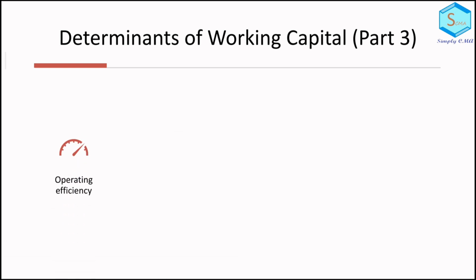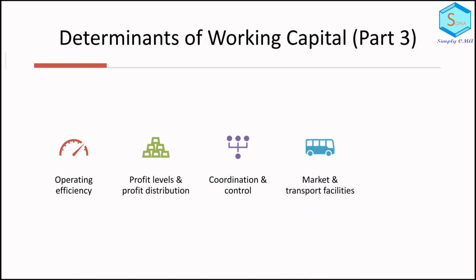Other determinants are operating efficiency, profit level and profit distribution, coordination and control, market and transport facilities, government policies and taxes. These are also other determinants.